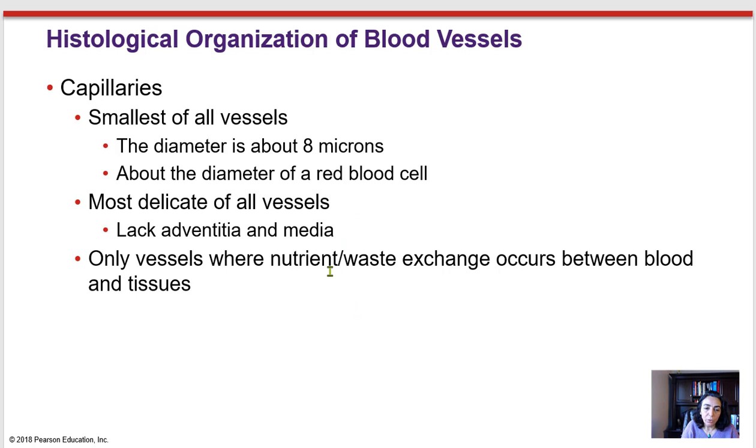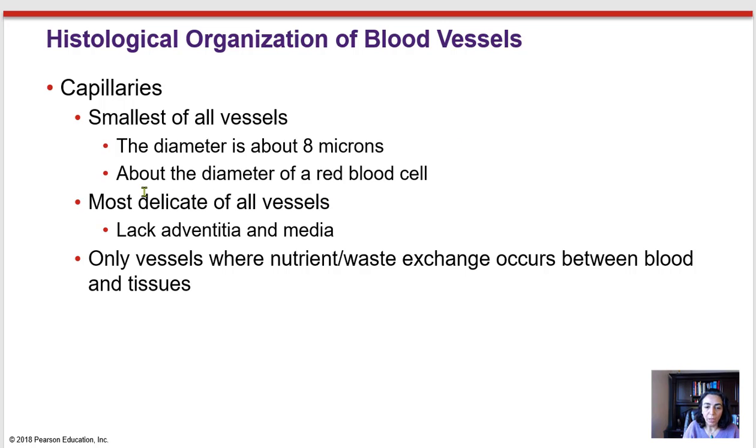Now after those we go to the capillaries. After all these arteries have brought the blood into the tissue, at the level of all the cells we have the capillaries. These are the smallest of all the vessels, and the diameter is about 8 microns compared to the 30 microns of the arterioles.